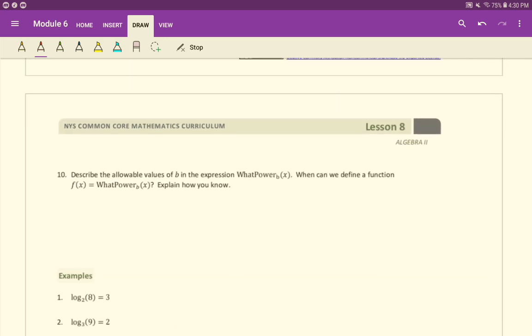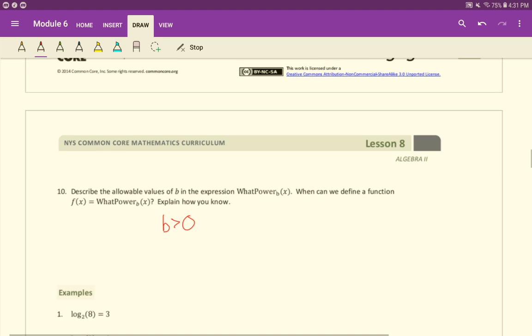And then finally for number 10, describe the allowable values of b in the expression "what power of b gives x." When can we define a function f of x equals the what-power base b of x? Explain how you know. So allowable values of b must be greater than 0.